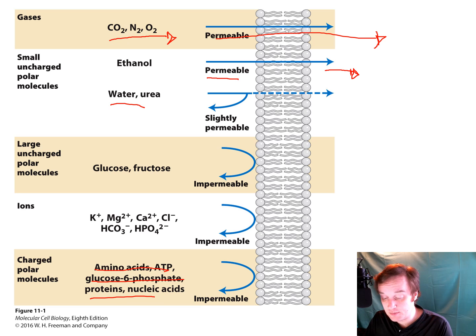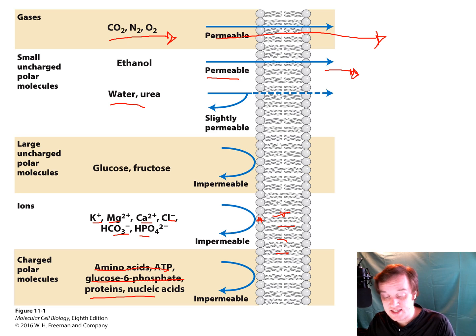And in addition, ions that have charges have a really hard time getting through as well, right? Because we have that plus hydrophilic, and then that should be a minus, hydrophobic tails inside there. So anything with a charge is going to interact with something with a like charge and not be able to get through.